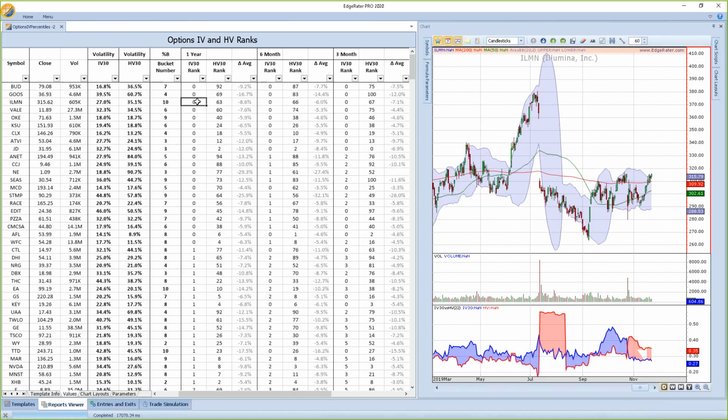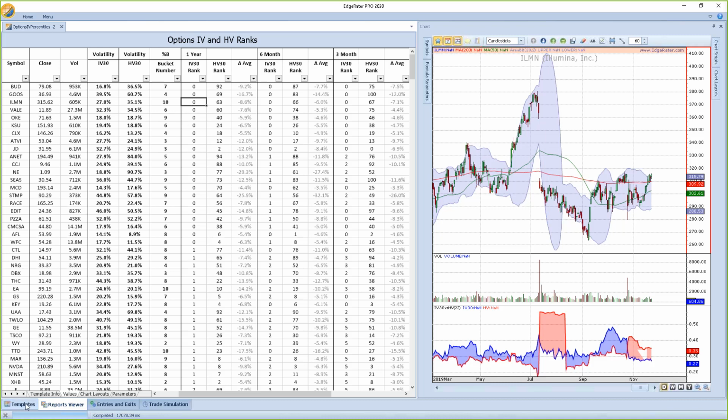One of those might be a seasonality template. You might have looked at the in-play template, or the Mark Minervini template. You can put them all side by side, and then as you're scrolling down through this list, you'll find what those other reports are saying.